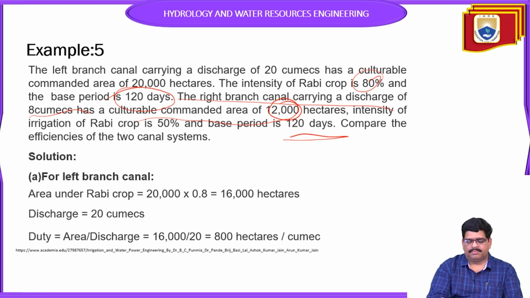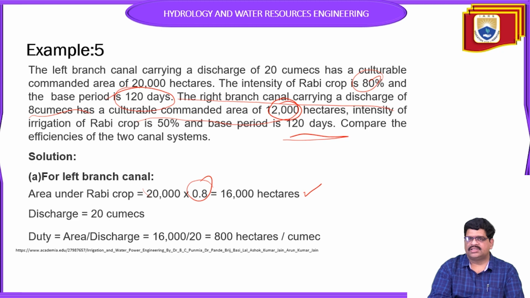In the left branch canal, the area under the Rabi crop is the cultivable command area, 20,000 into 0.8, which is 16,000 hectares. That is the area under the Rabi crop.